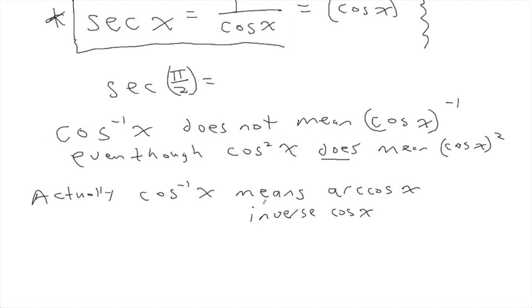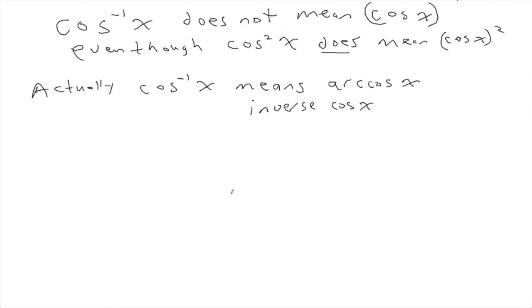We might have to get back to that later. But anyway, that's a totally different thing than this. So this is all some high school trig that's a little confusing. So let's say we have cosine squared of x. This is an exponent. But let's say you have cosine negative 1 of x. This is not an exponent.